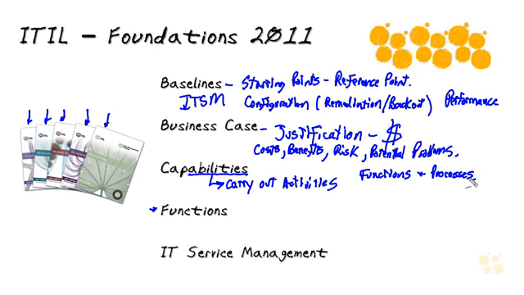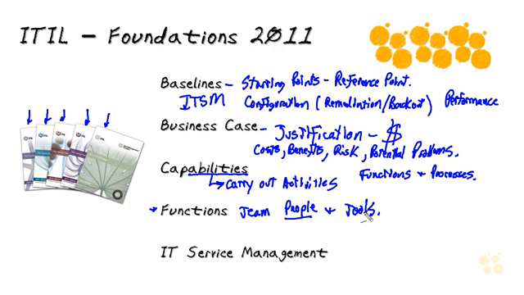Now, there are also functions. Here's the deal. Functions are going to be a team of people, important, and the tools that they use to carry out processes, or sometimes called activities.